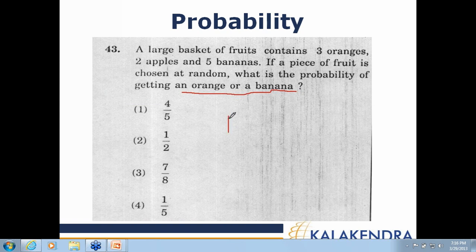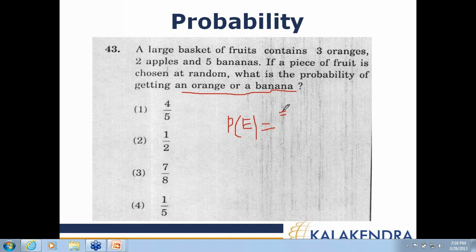Now the classical definition of probability of any particular event happening is basically the ratio of the number of favorable events upon the total number of events.